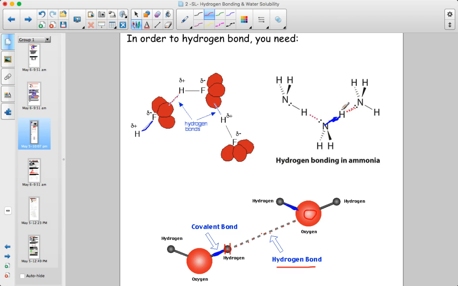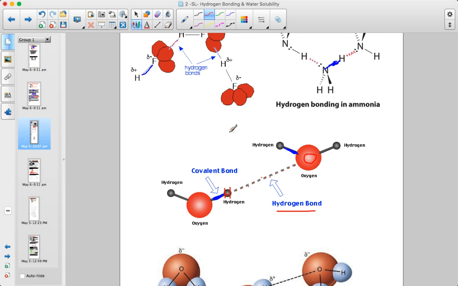And so it always goes from a hydrogen on one of the molecules, and then you draw, like I usually draw little dashes, and it goes to the lone pair on N, or it could have been O, or it could have been F on the next molecule. But these dotted lines I just drew represent the hydrogen bond. So it's very, very, very important with the hydrogen bond that you understand it's not a covalent bond.